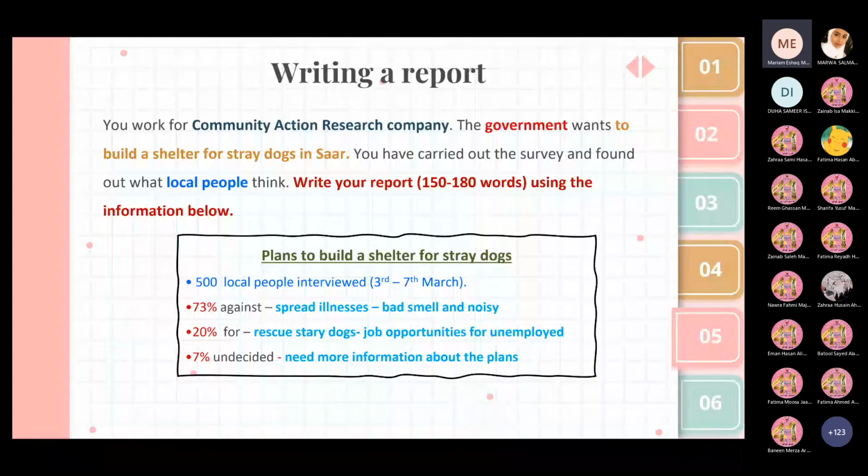You have carried out the survey and found out what local people think. Write your report in 150 to 180 words using the information below. So here are the plans to build a shelter, and here's the information. 500 local people interviewed 3rd to 7th March, and 73% against, 20% for, and 7% undecided. With this information, you are going to fill in the blanks in the layout.